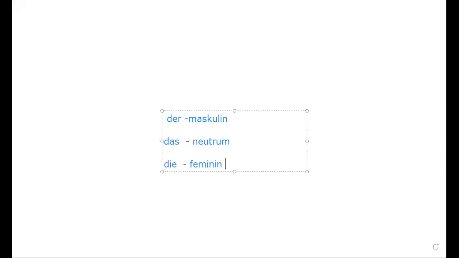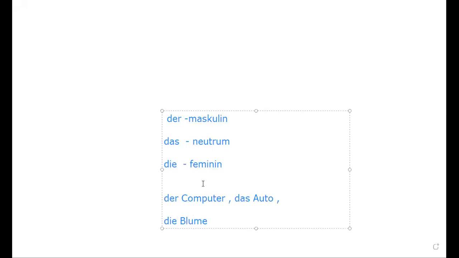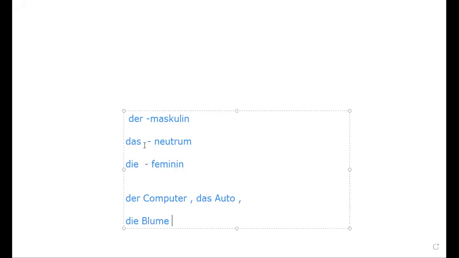So we differentiate the gender of the noun using der, das, or die. For example, der Computer, das Auto (Auto means car), and die Blume means flower. So der means masculine, das means neutral, die means feminine. In the nominative case, we differentiate the gender of the noun like this.